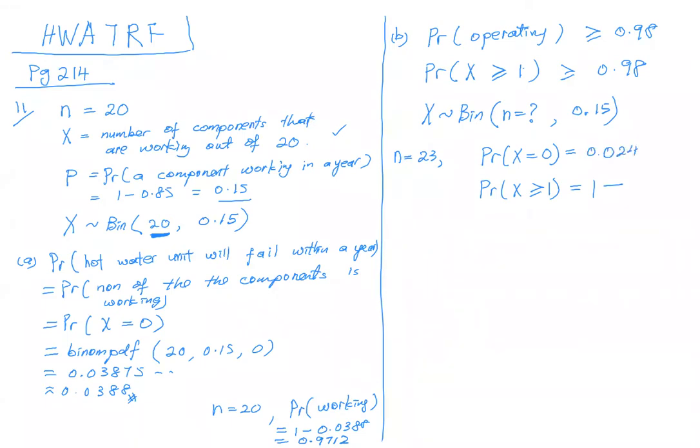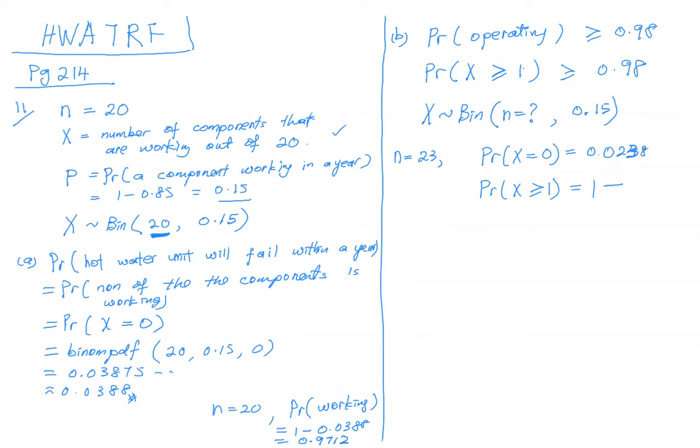I think I better do it by myself, okay? Binom PDF. Yeah, 23, 0.15, and 0, okay. 0.0238.